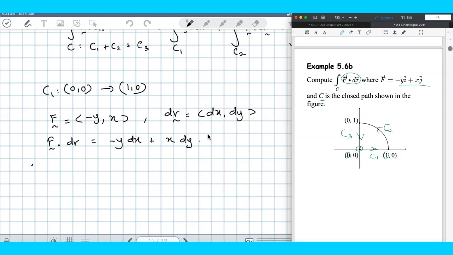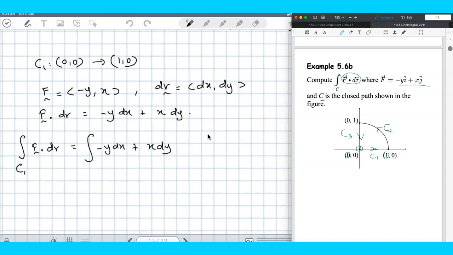Substituting into F dot dr, we have minus y dx plus x dy along the curve C. In this case, as I mentioned before, the only changing variable is x, from 0 to 1, but y is a constant, which does not change, and is 0.